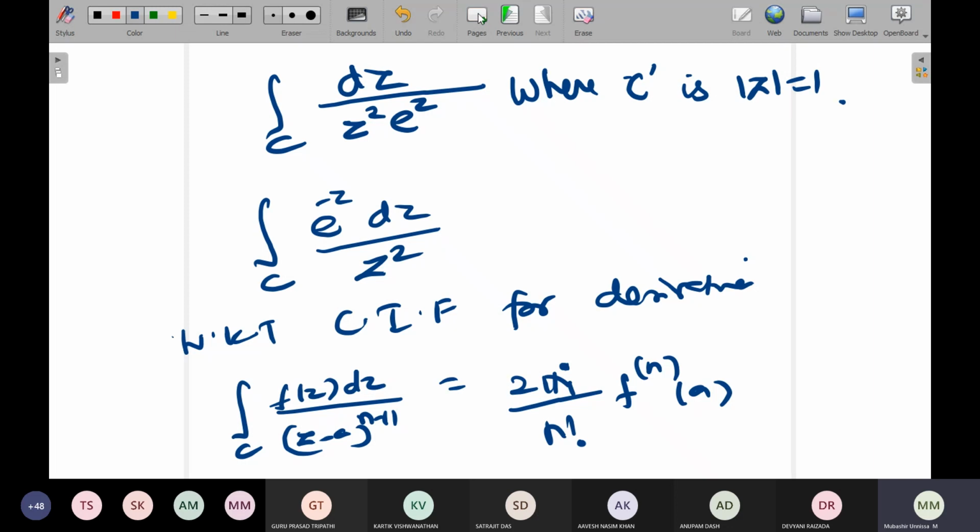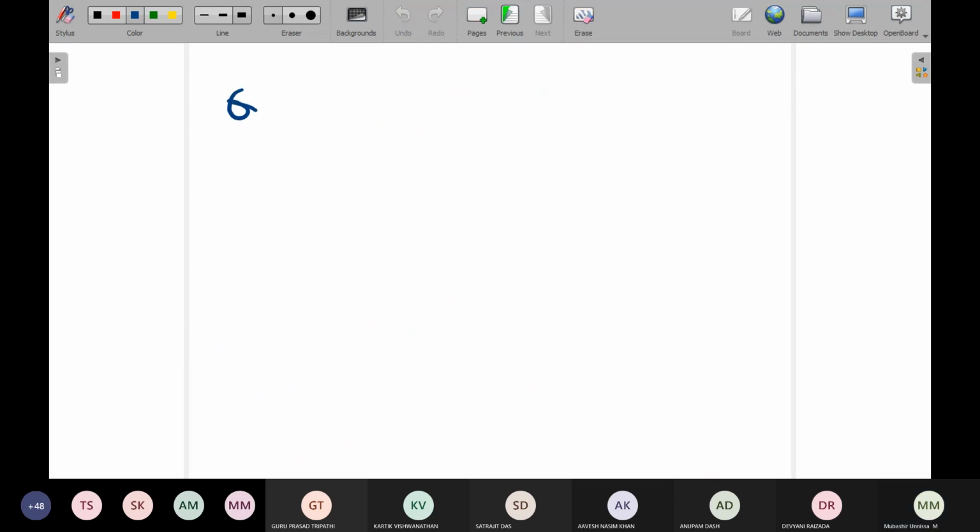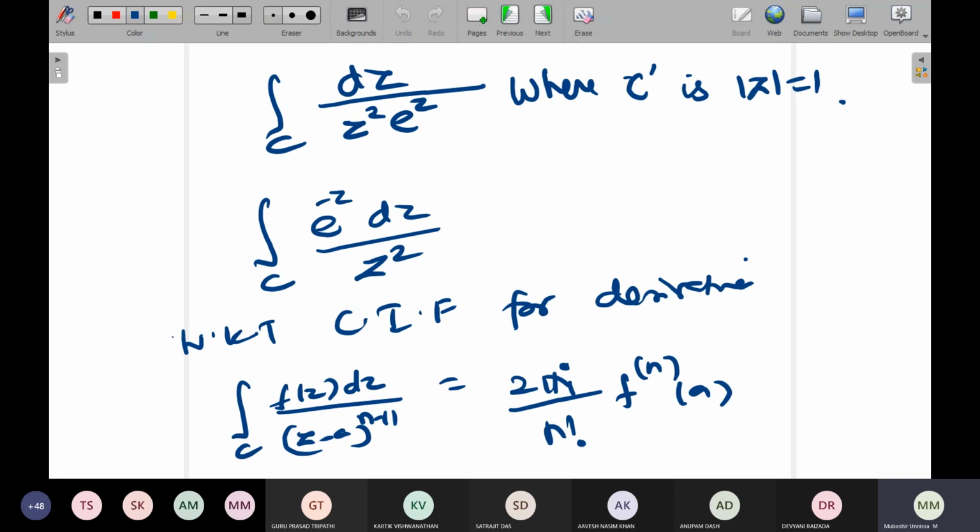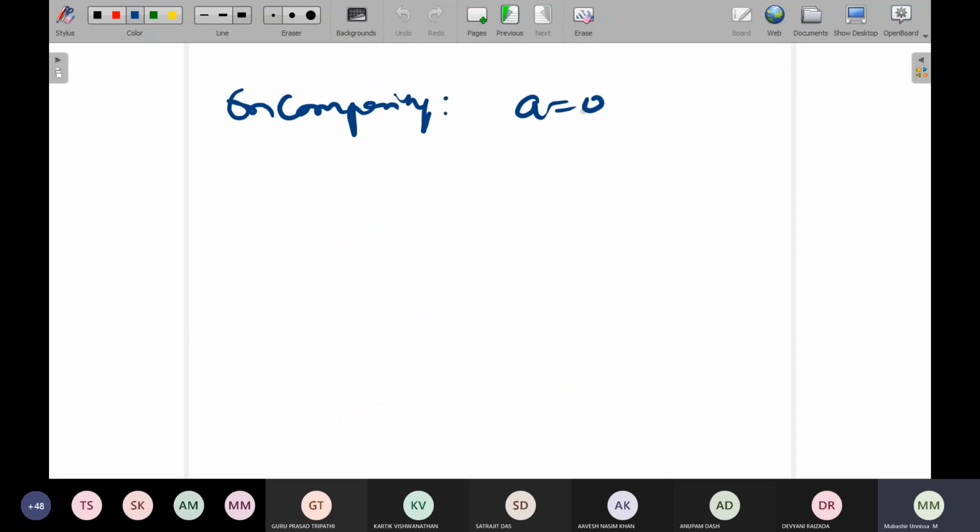So on comparing, a equal to 0, and n is equal to 1, and f of z is e power minus z.